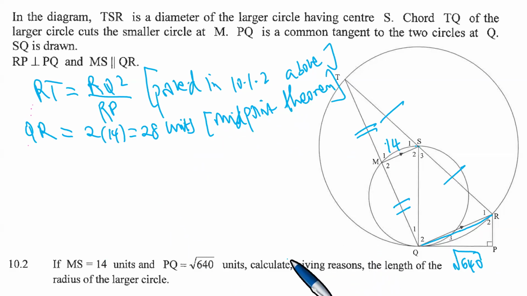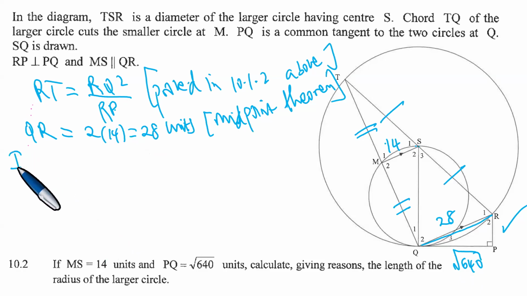At this point, we know that QR is exactly 28, so we are in a position to get our RP. We've already got RQ, we just need RP, and then we use Pythagoras theorem.